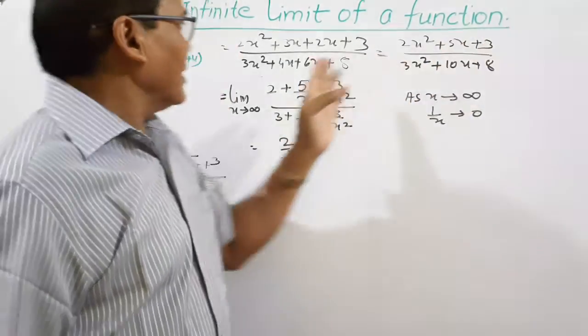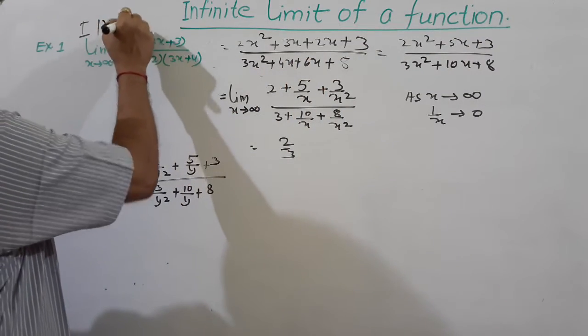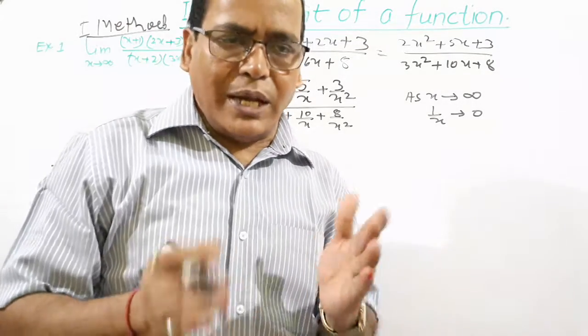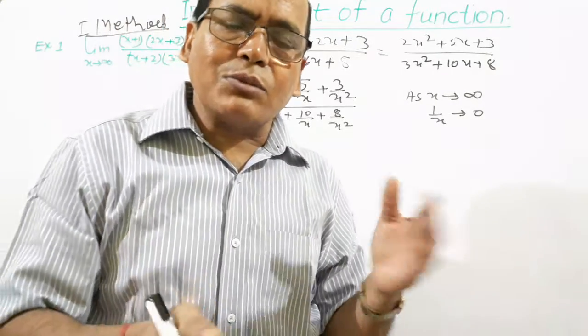Here we are using the first method. What I told, the higher power of x from numerator and denominator both should be divided.